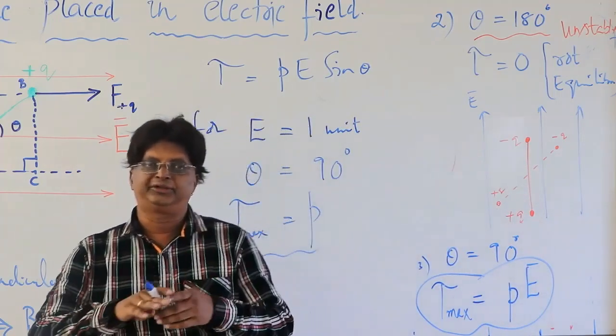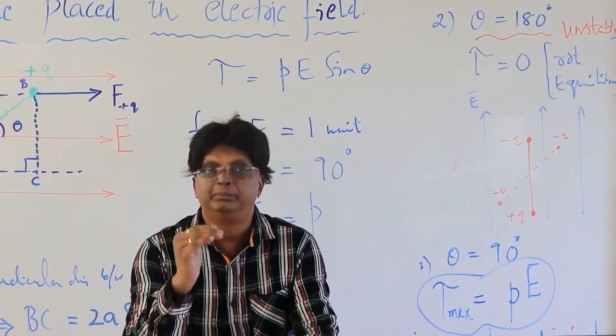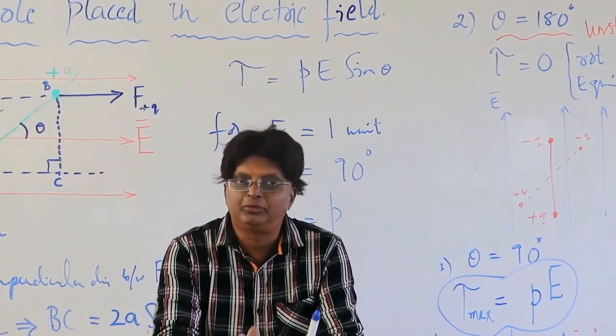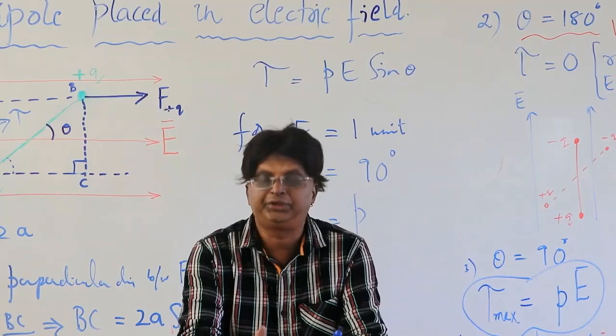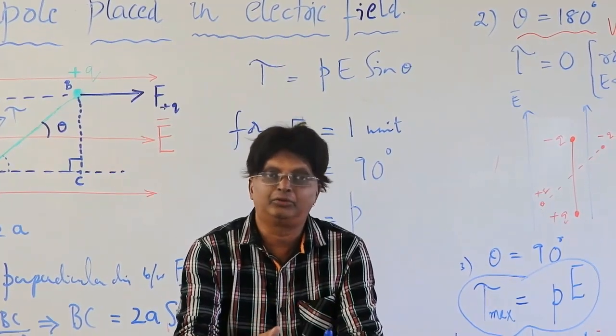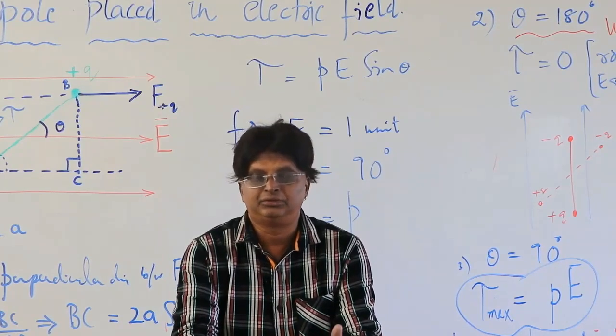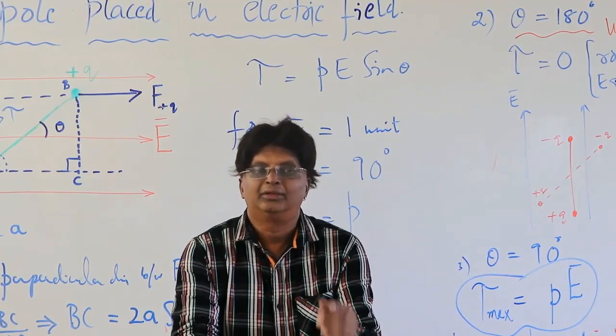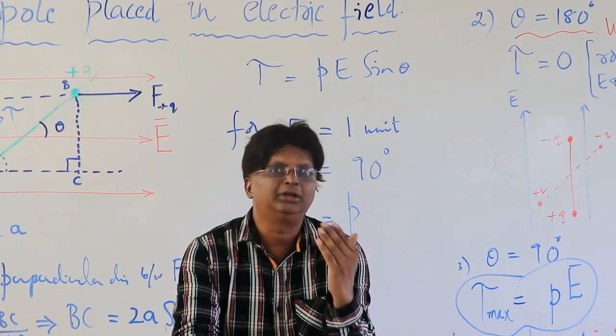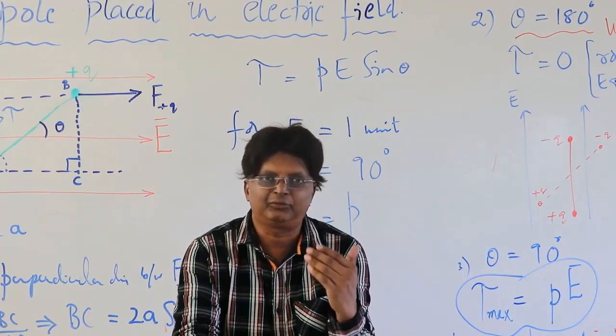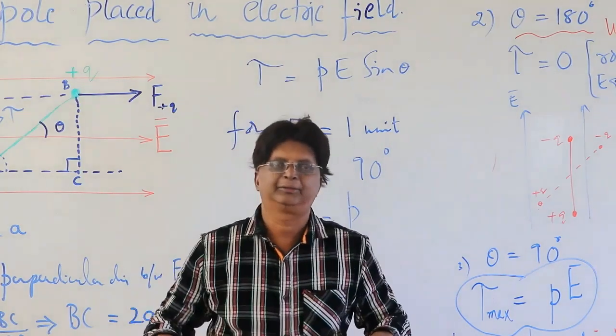So this finishes the beginning topic of a dipole placed in an electric field. We discussed the rotational effect in the form of torque. Now, the same topic with small additions will continue in our next class.